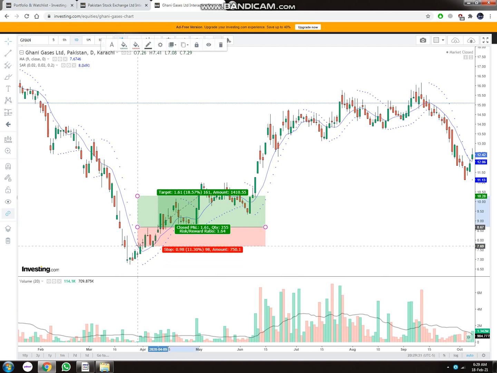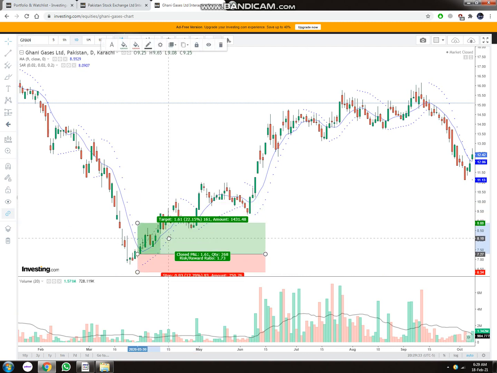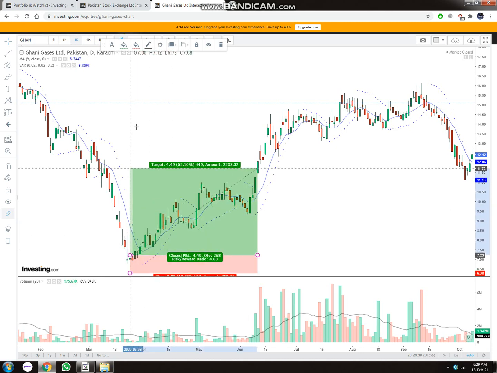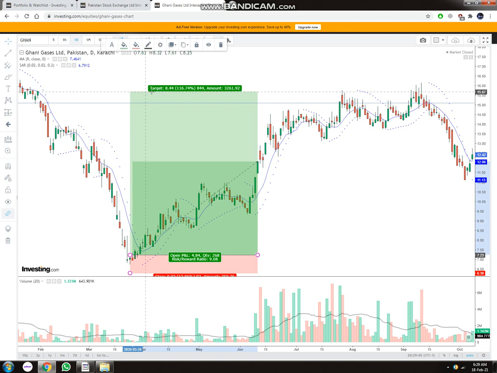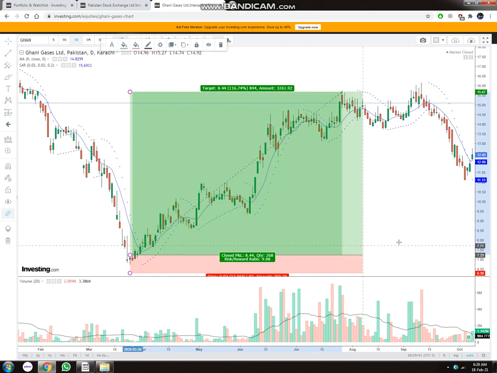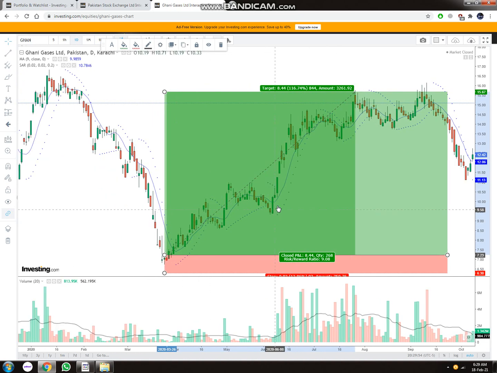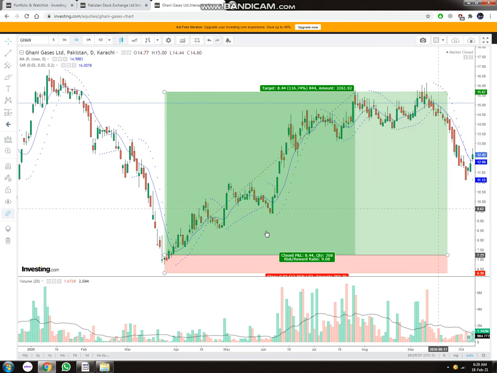Now I've adjusted it to 0.94 and I've entered into the trade at this level. You can make this unlimited, or however much you want. It all depends on you. You can see that now this is unlimited profit, 110%. So I've adjusted this accordingly on how much I want. This is the tool that you can use to run your profits and minimize your losses.